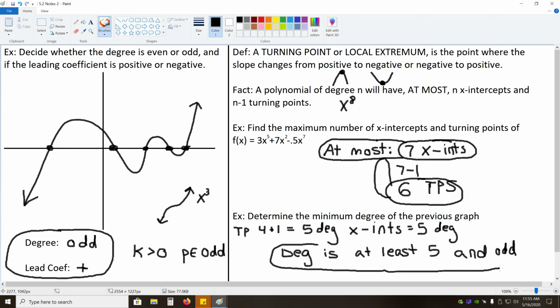So the degree has to be 5 or 7 or 9 or 11 and so on. Any of those degrees will satisfy this graph having 4 turning points and 5 x-intercepts.